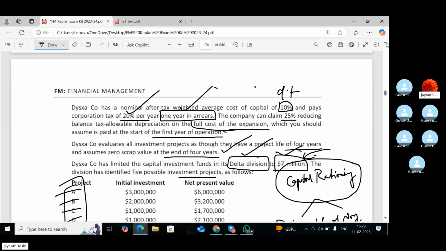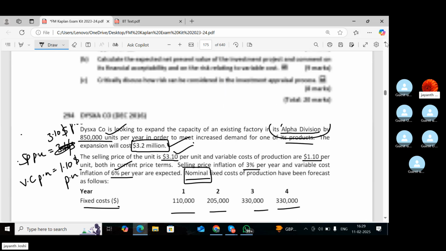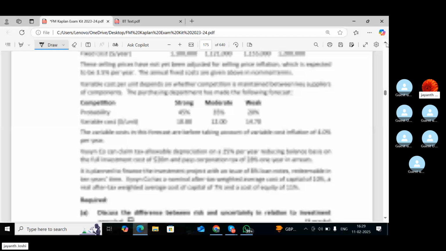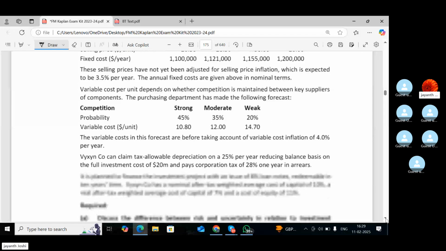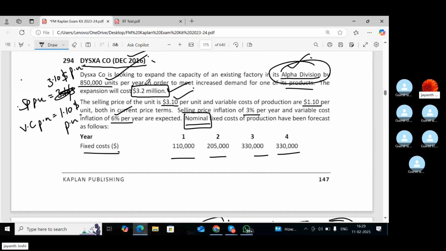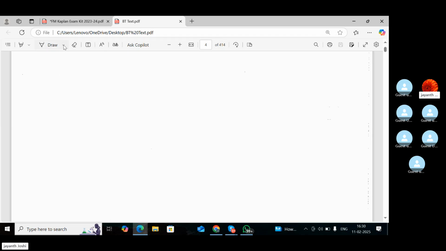So here first and foremost we will start calculating the cash flows. Okay, how to do the cash flows? First we will start finding the selling price, that means the sales amount, the sales revenue. So how many units are they going to sell? The capacity expansion is going to be by how much? 8,50,000 units per year. Okay, so now let's start the calculation here.